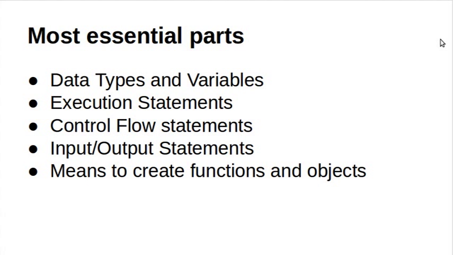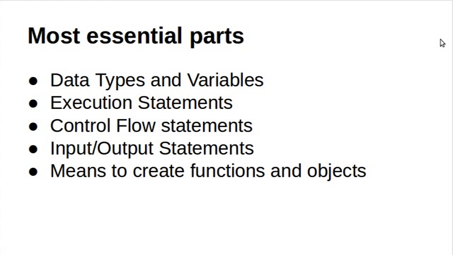Whenever you learn any new language, typically your focus would be these 3 or 4 things. You would know what the different data types are, and how to declare the variables. In fact, in Python we will observe shortly that there is no need of declaring the variables. When you use them, they are created.